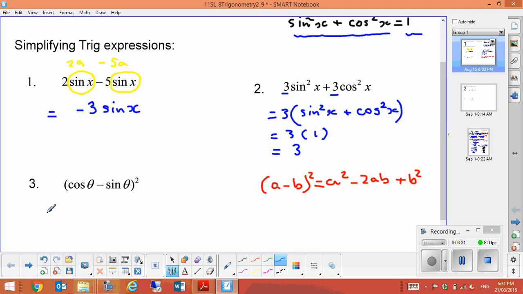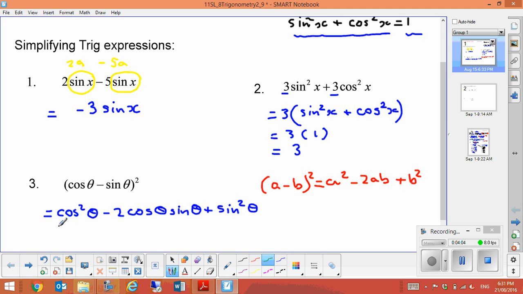So let's do the same thing over here. We square the first term, so we get cos squared theta, minus 2 cos theta sine theta. That's the ab part of it. Now we square the last term. Minus sine times minus sine gives plus sine squared theta. And hopefully you recognize this expression again.